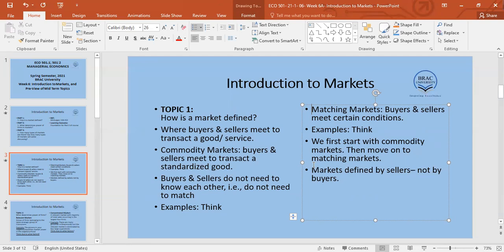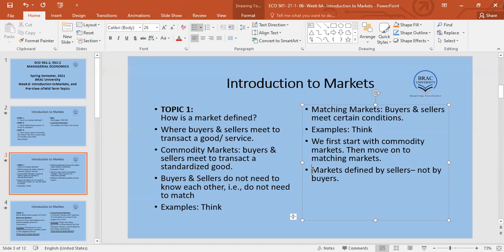At the same time, BRAC University and the applicant have to know each other in a way. BRAC needs to know certain characteristics of the applicant. The applicant also will need to know certain characteristics of BRAC University. These are matching markets. Initially, we will start with commodity markets where standardized commodities are being transacted. Then we'll move on to matching markets.